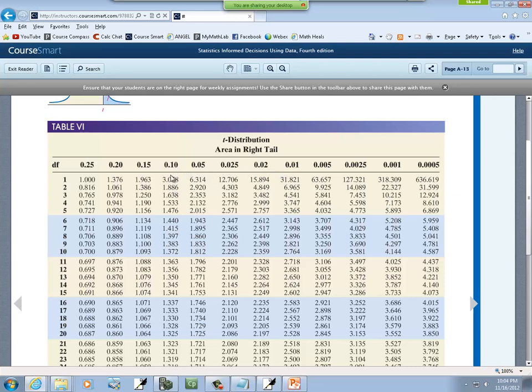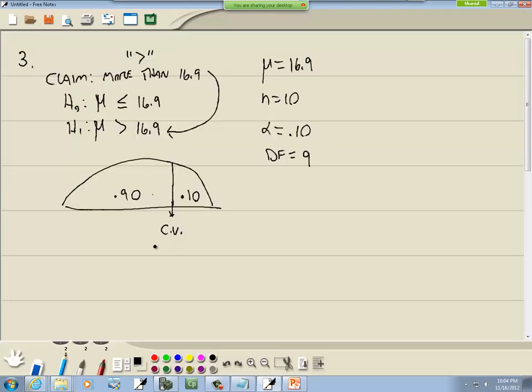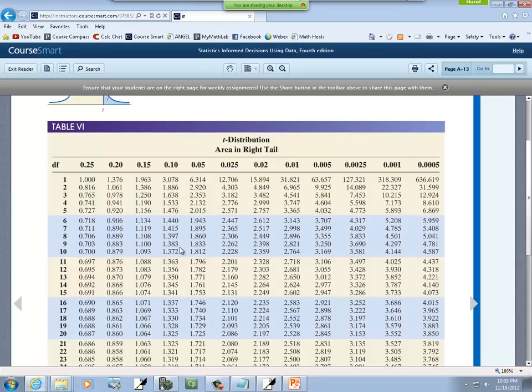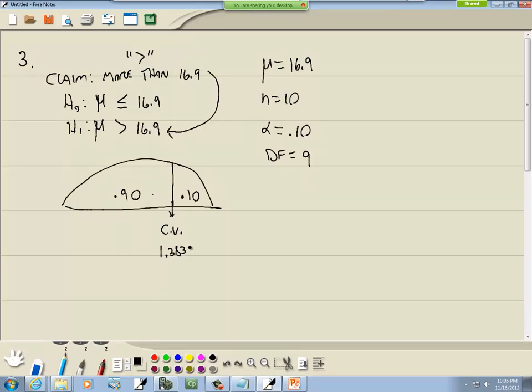Our degrees of freedom is 9, so I come over to 9. The intersection of those is 1.383. It's on the right side, so it's positive.